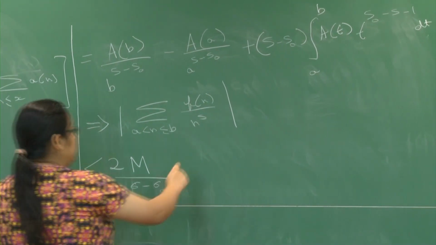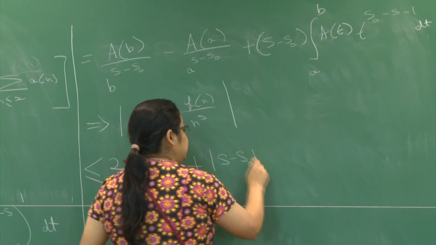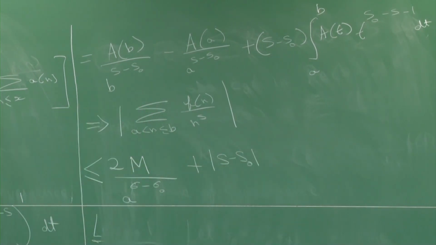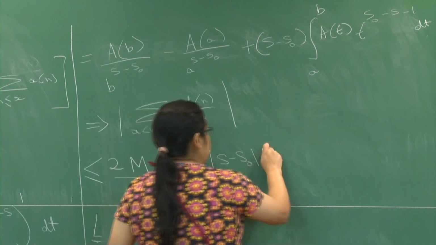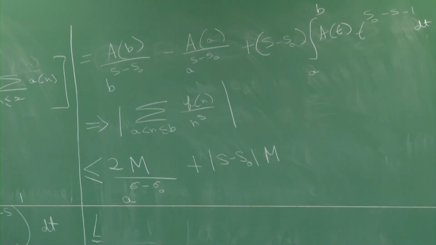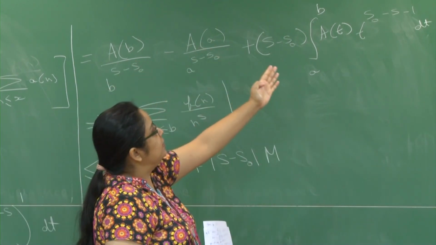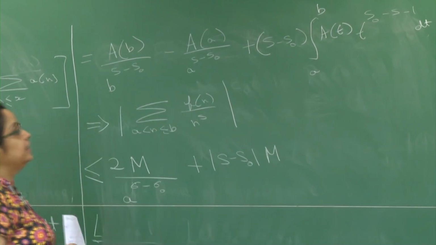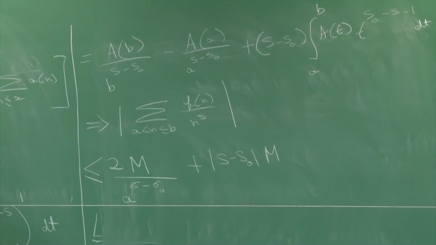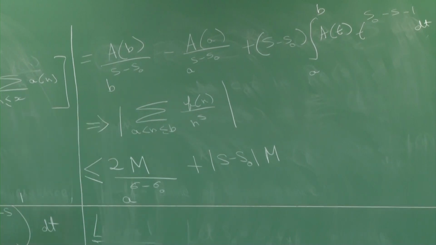and then you have plus absolute value of S minus S0. Absolute A of t, again you know, is bounded above by your m, and then what you have is the integral from a to b of absolute value of t raised to the S0 minus S minus 1 dt. So that is again t raised to the sigma 0 minus sigma minus 1 dt.